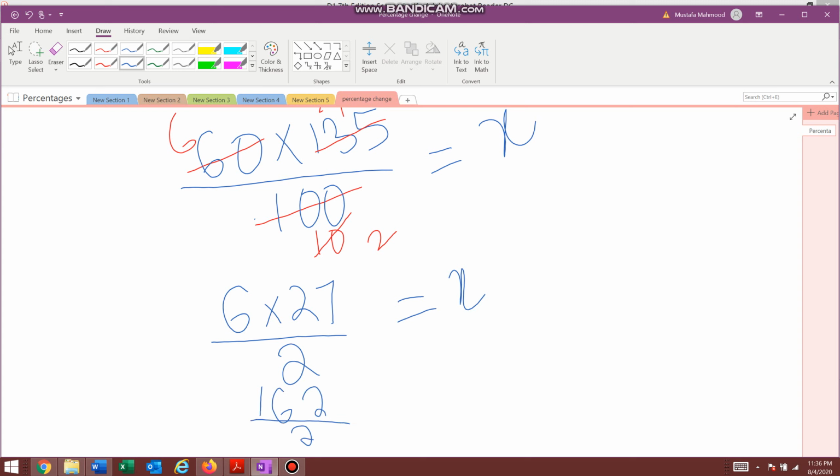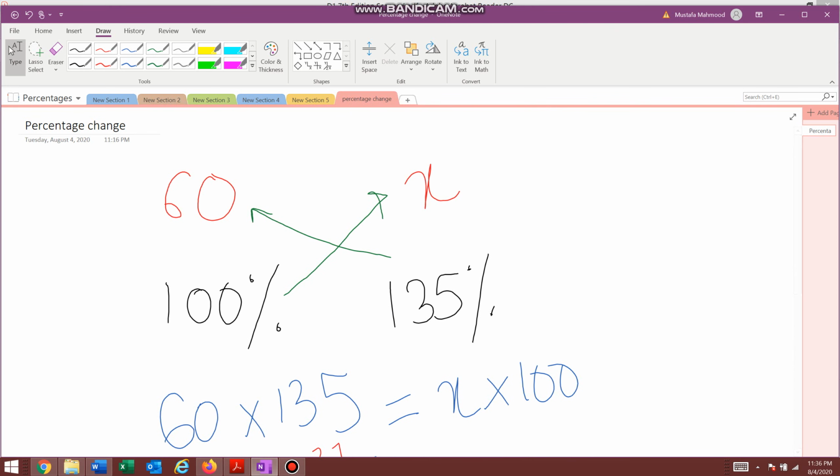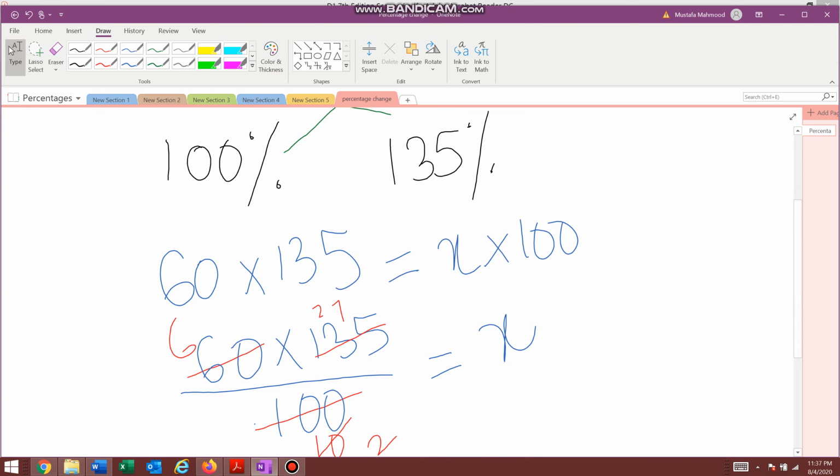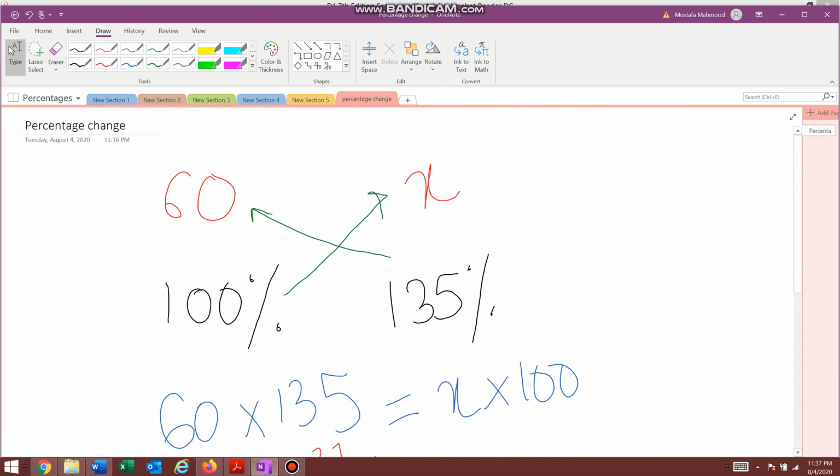It's an even number, it gets divided by 2. 2 times 1 is 2, 2 times 8 is 16, and 1, 81. So x is equal to 81. So our 100% was 60. After we increased it by 35%, now the increased 135% is 81. This is called the cross multiplication method.